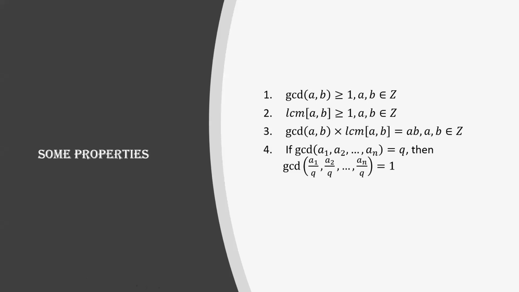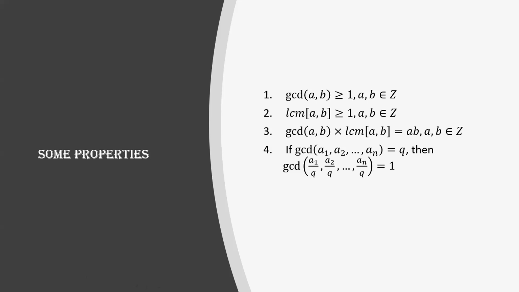Now Tanmay, I think I have to unmute Tanmay first because he's the one. Yes. So let A1 be Q multiplied by X1, A2 be Q multiplied by X2, and so on until An be Q multiplied by Xn. Then, as the greatest common divisor of A1, A2 up to An is Q, therefore X1, X2 up till Xn are all co-prime, they have GCD 1.